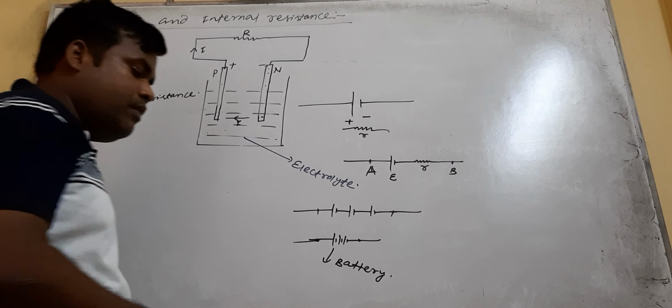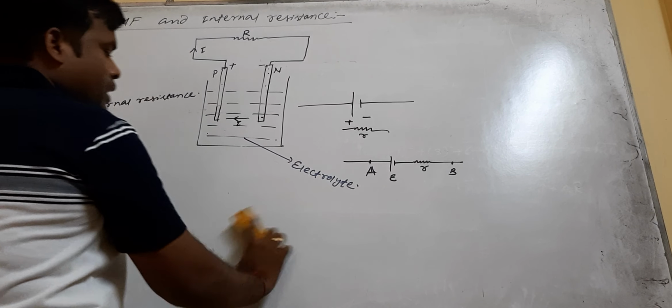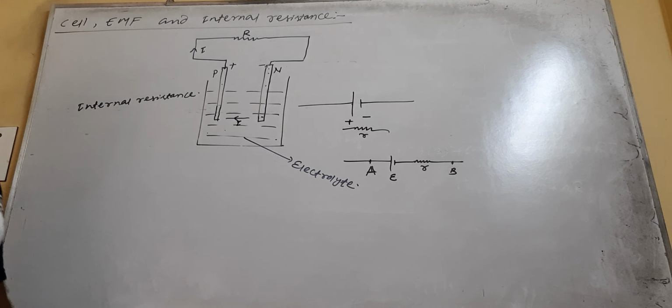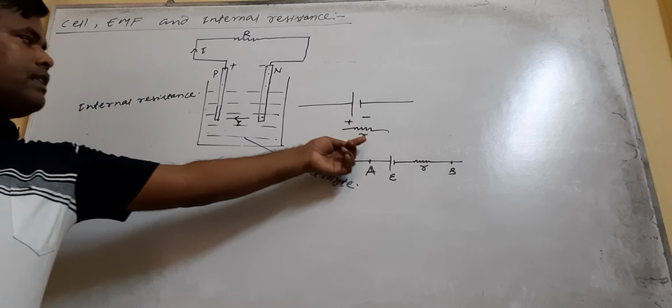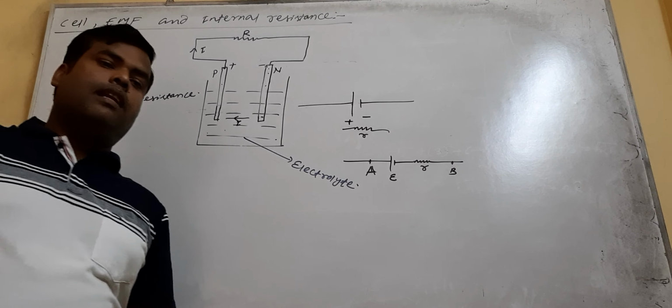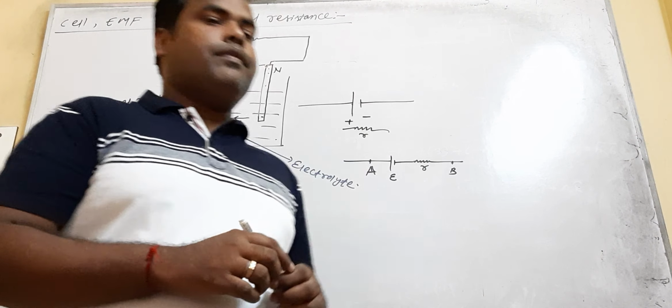Now come to the factors upon which the internal resistance depends. As this internal resistance comes from the electrolyte of the cell, first it depends upon the nature of the electrolyte.